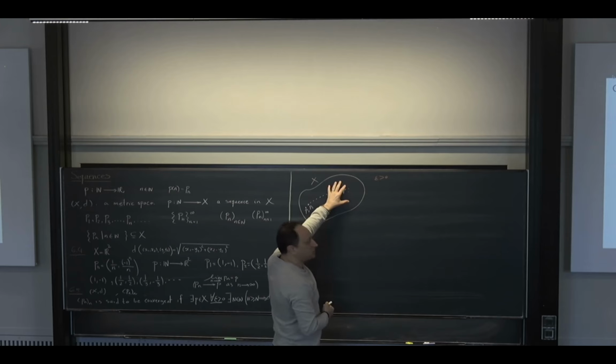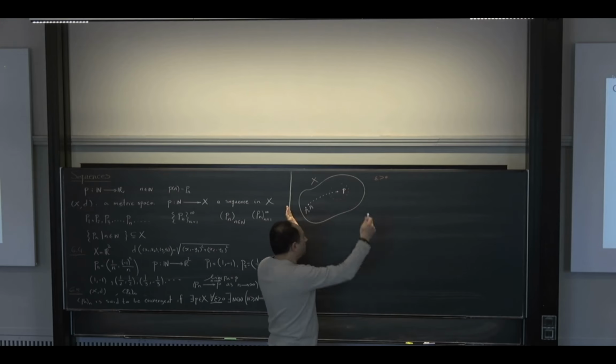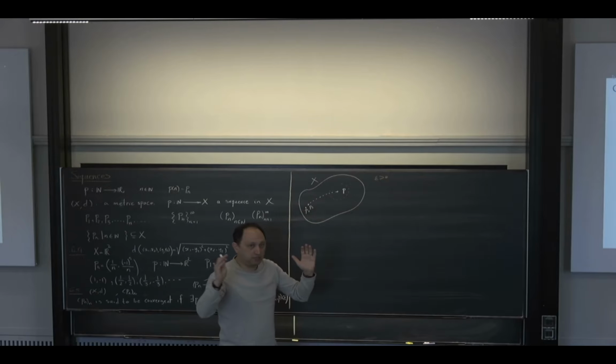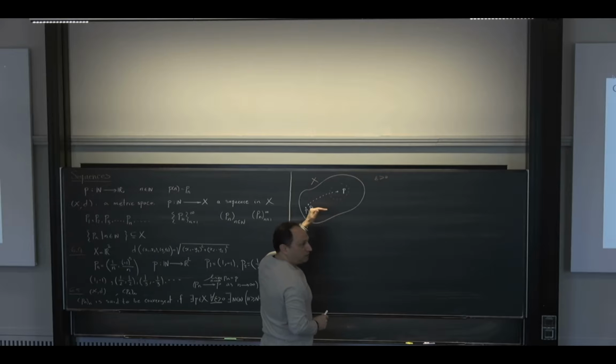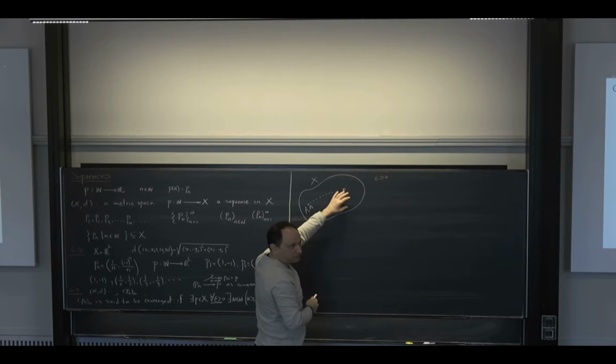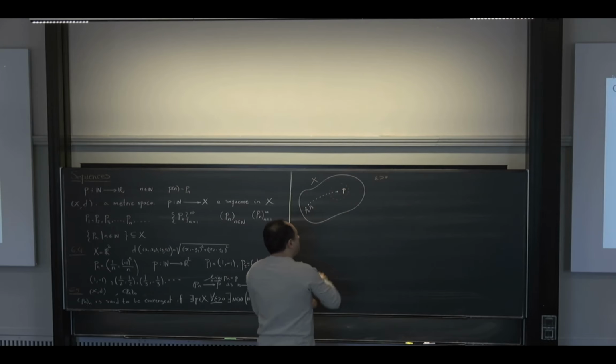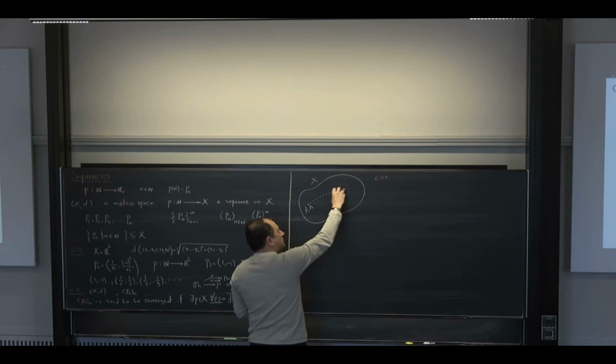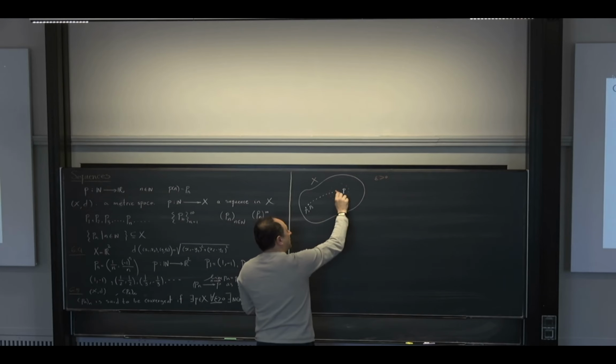So maybe epsilon is so big that it contains all the terms. But even if you make the epsilon smaller, some of them will be left outside, but infinitely many of them will be inside. Okay? And it doesn't matter how I am making this epsilon smaller. So in this picture, my epsilon is this much.